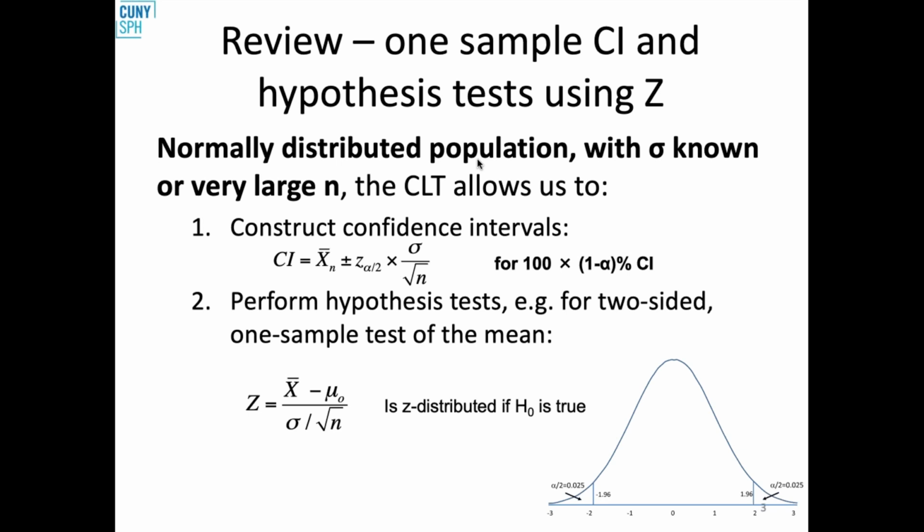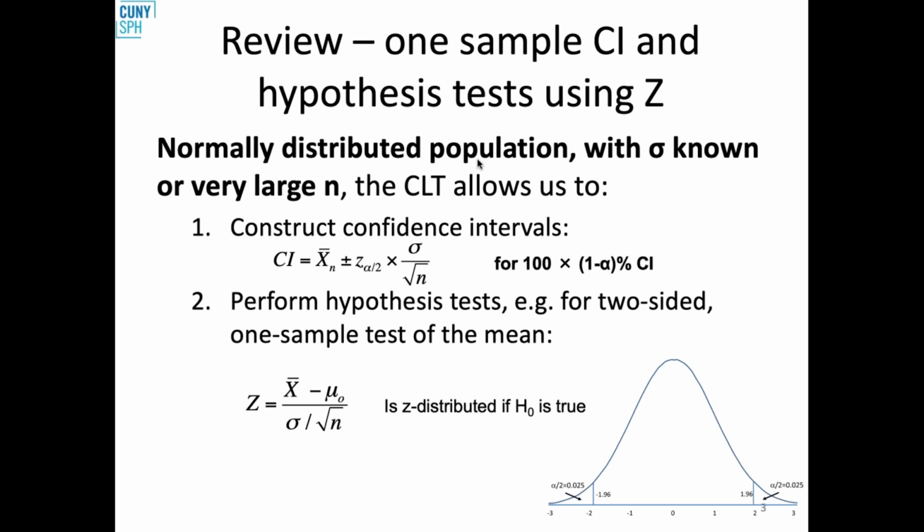In one case we're calculating a confidence interval. In the second, we're calculating a Z statistic and comparing it to what we're going to call a critical value of Z, the value of Z that we need to exceed in order to say that the two means are different from one another.